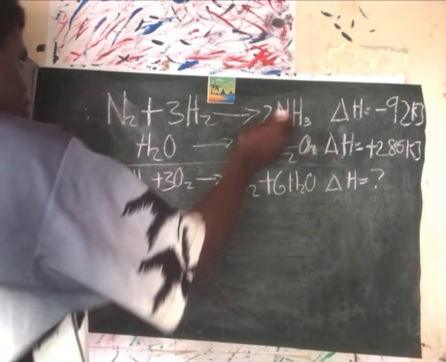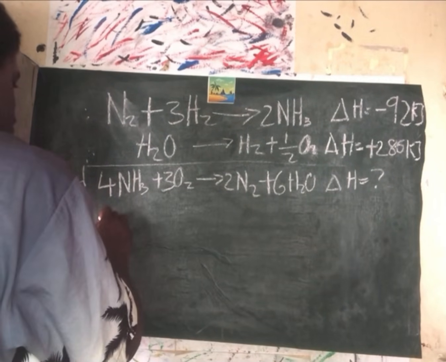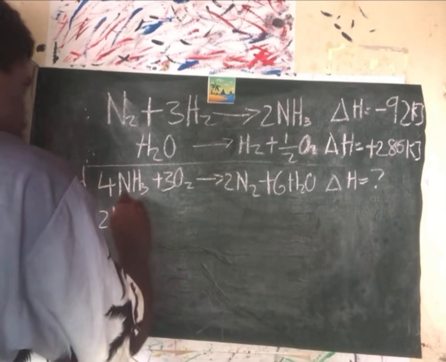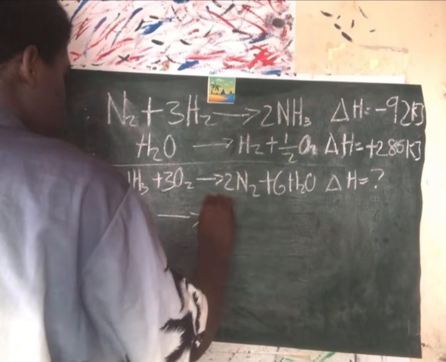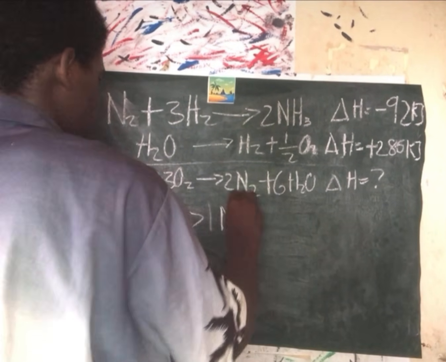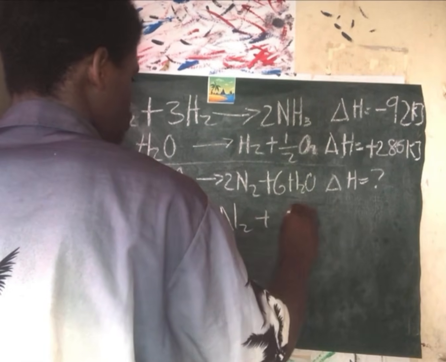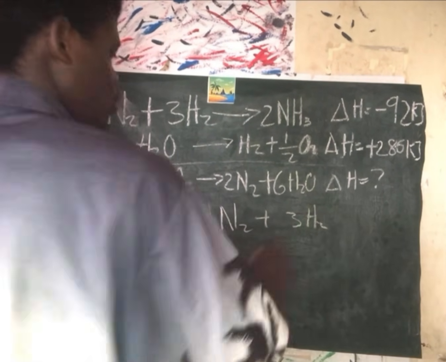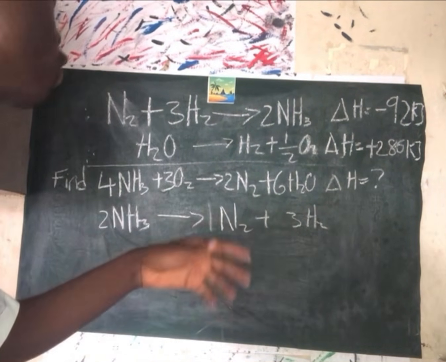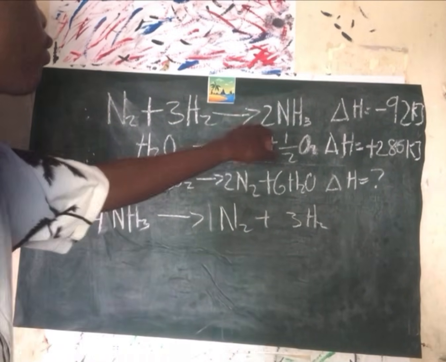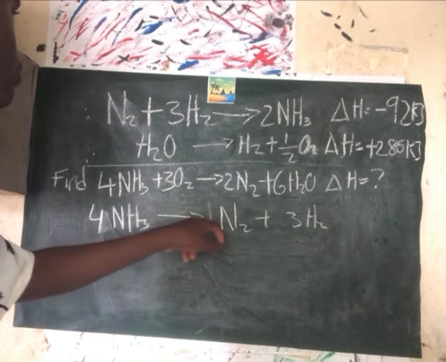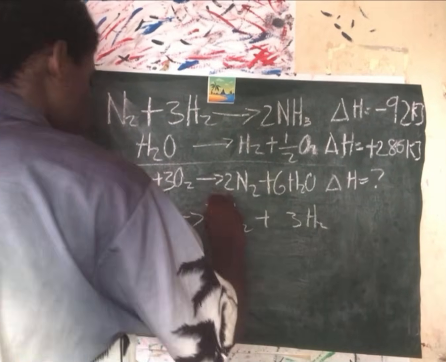So what we have is, when we reverse it, we have, let's say, 2NH3 giving N2 plus 3H2. But that's not all. We need to times 2. So when you times everything by 2, here you get 4NH3, 2 times 2 is 4. 2 times 1, that's 2N2.